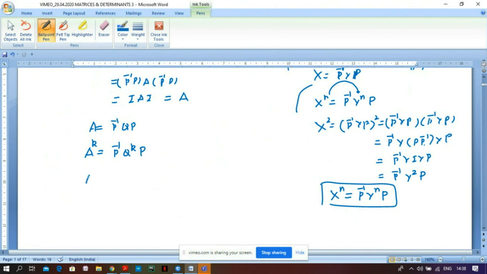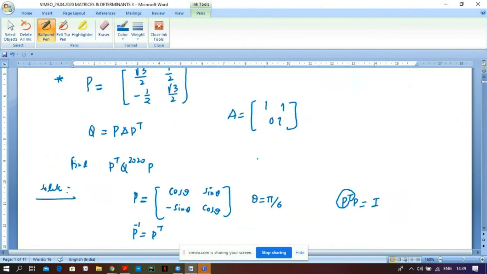So I can write that A to the power k is P transpose Q to the power k P. The question asks you to find P transpose Q to the power 2020 multiplied with P, and that is nothing but A to the power 2020, and matrix A is given.